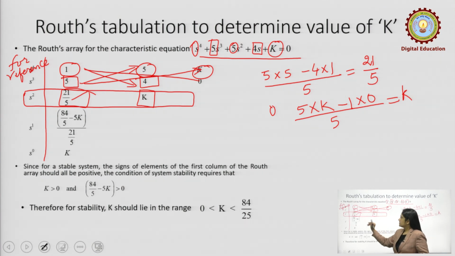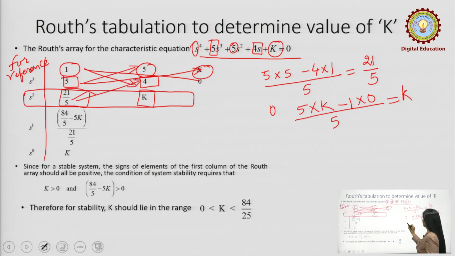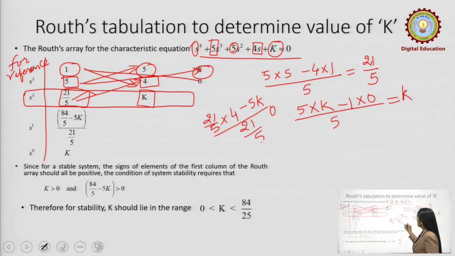We can continue ahead because we are not coming across any special case: neither is the first element of the first column 0, nor is the entire row 0. So, we can go ahead with this. The next element is obtained by 21 by 5 into 4 minus 5 k upon 21 by 5.